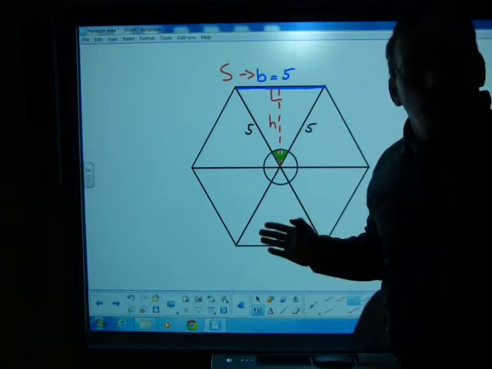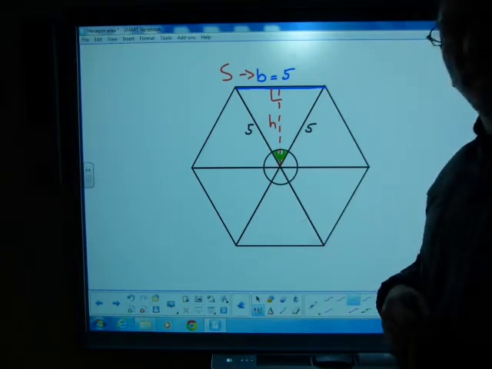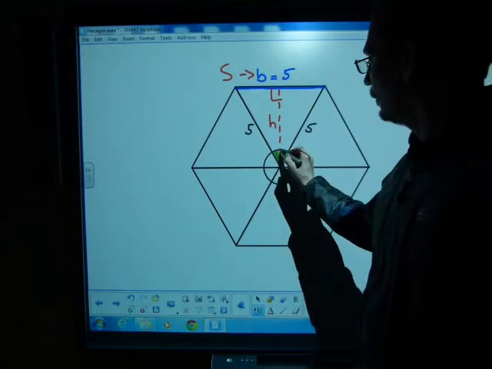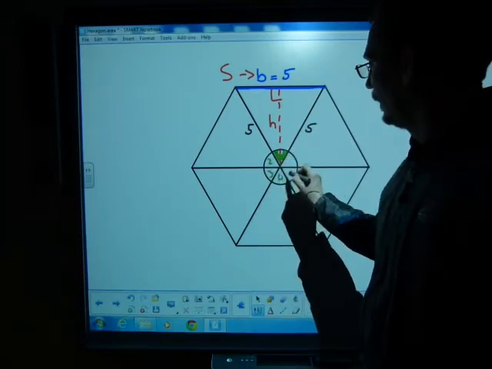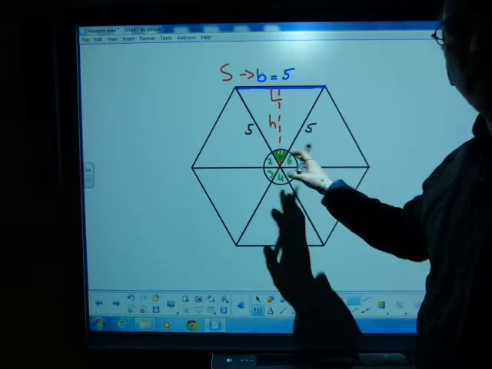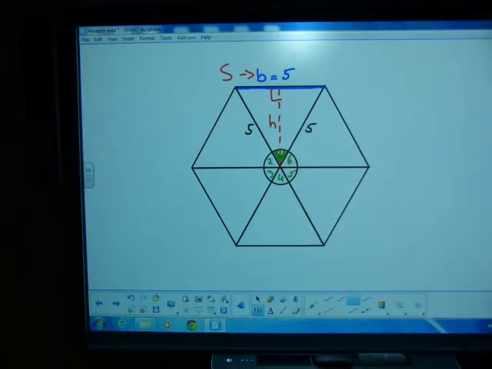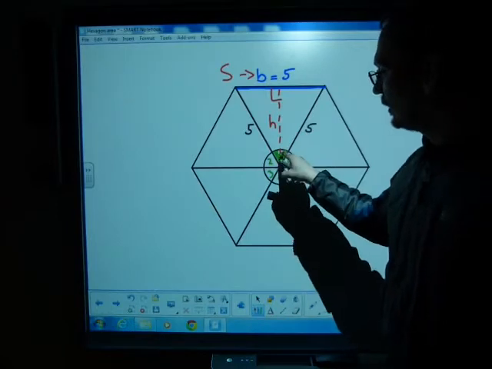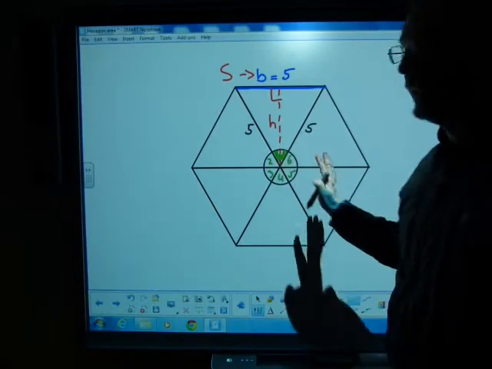If a circle with 360 degrees is divided into 6 little pizza slices there, that being 1, 2, 3, 4, 5, 6, that means that each pizza slice has a central angle of 60 degrees, because 6 times 60 is 360.